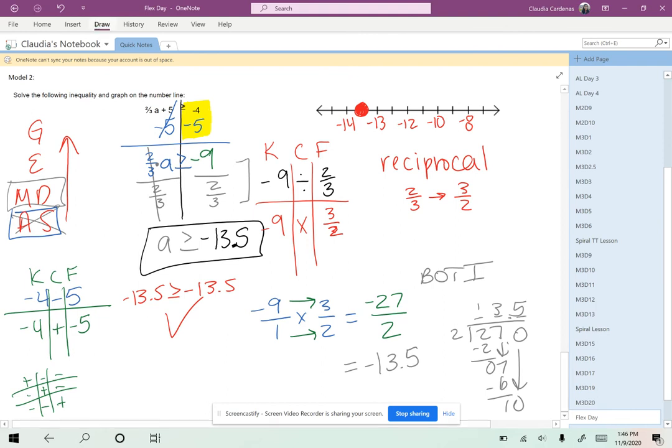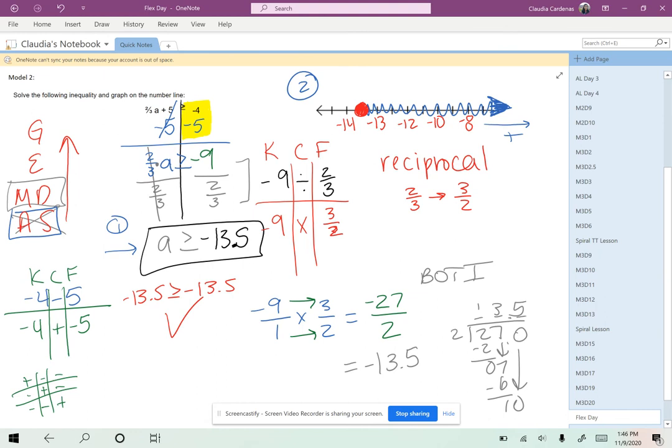And now, where are all the numbers that are greater than negative 13.5? Well, I see that these numbers are going in the positive direction. So we're going to draw our arrow going to the right, or the greater than side of our number line. So this is our inequality, the first part of our answer. And here is our number line showing the second part of our answer visually on the number line.